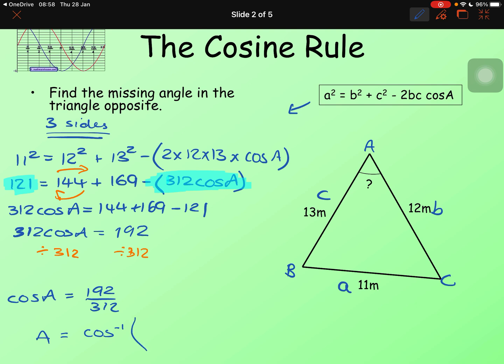So I end up with cos to the minus 1 of 192 over 312, which will give me a final answer of 52.02 degrees.